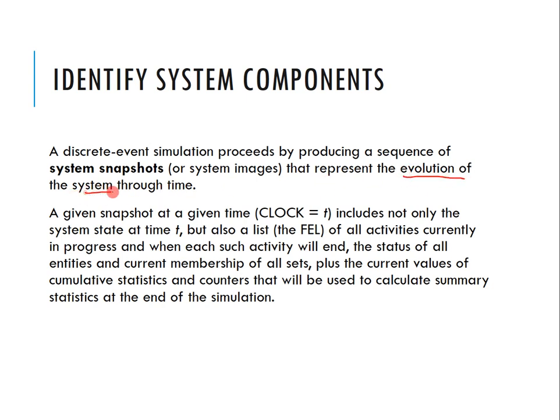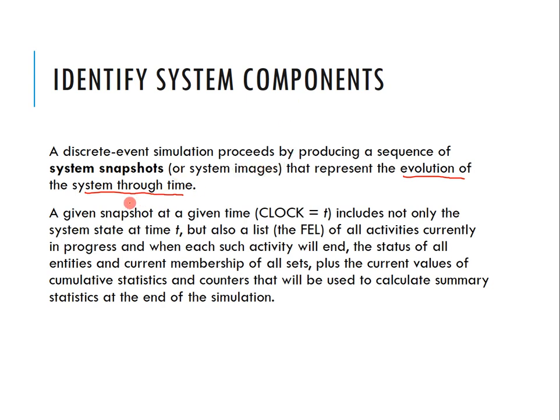Meaning that basically what the simulation does is take a snapshot, an image of the system at various points in time. So we can view, at a certain point in time, the snapshot of the system. What is the state of the system? How many customers are in the system? What will happen after this, after that particular point in time, which is the future event.